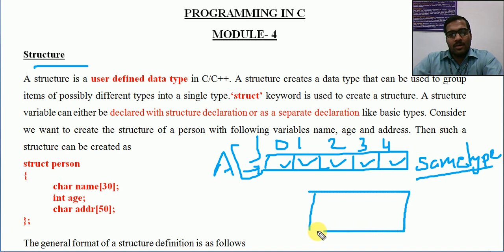If you want to have some record-like structure, like I need to have the name of a person, then the roll number of a person, then the mark of a person, for example.